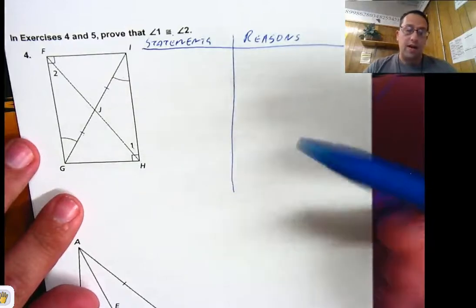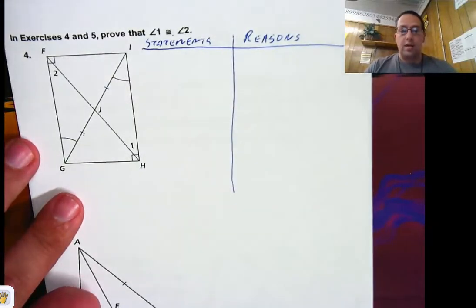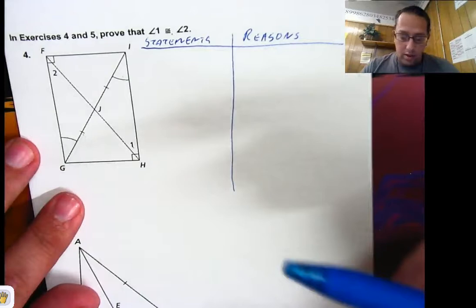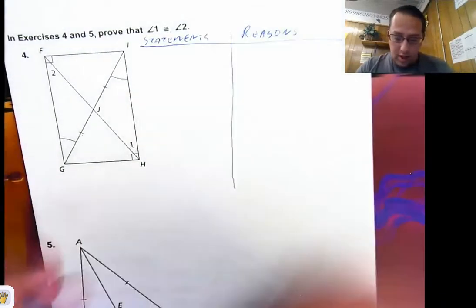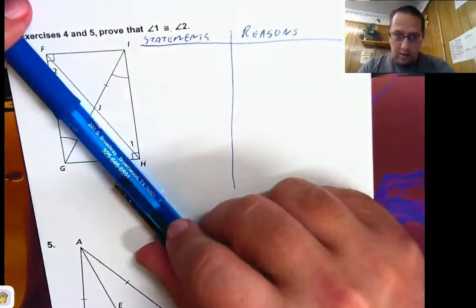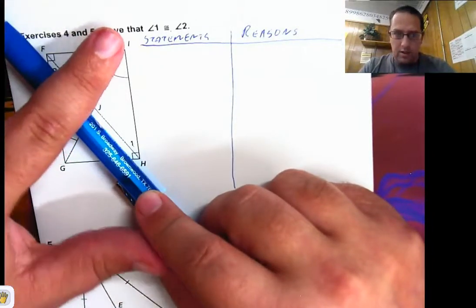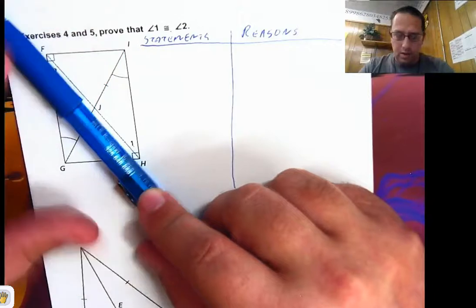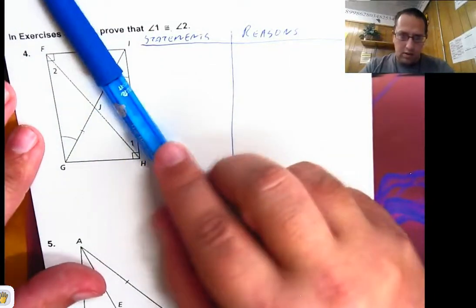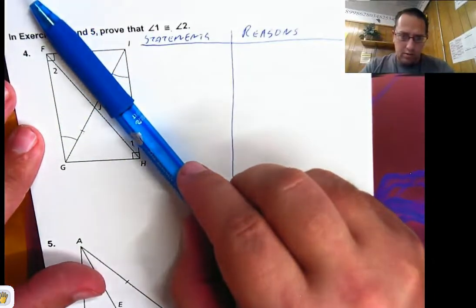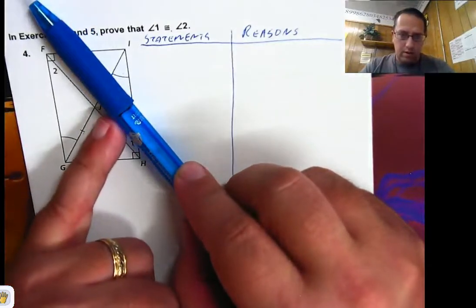And once we've done that, then we can show that angle 1 is congruent to angle 2. So let's see, what triangle is angle 1 in? Angle 1 is in this triangle here. Well, we've got that other line there. Possibly we could say it's in this triangle there. Okay. Angle 2 is over here in this triangle. Or maybe we could say that triangle.